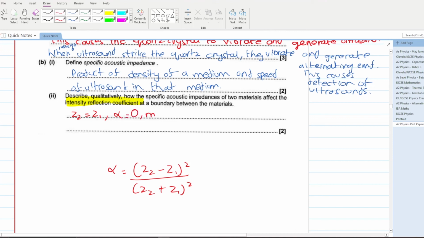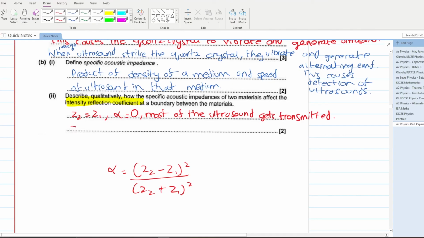And what will happen then? Most of the ultrasound gets transmitted. Simple as that.